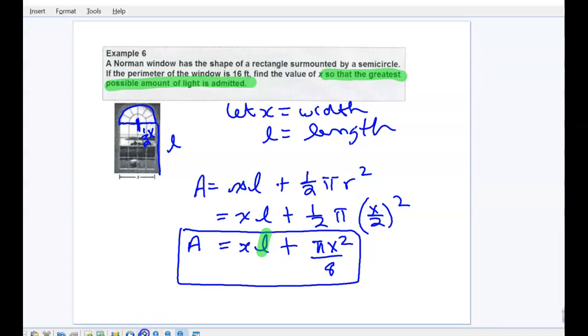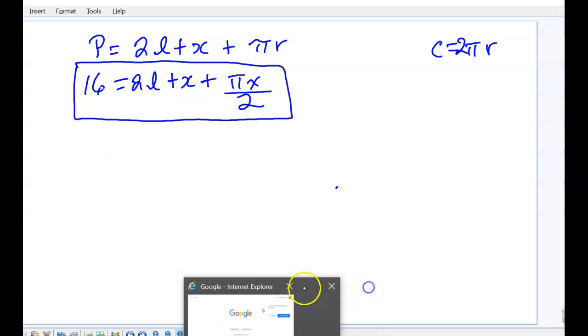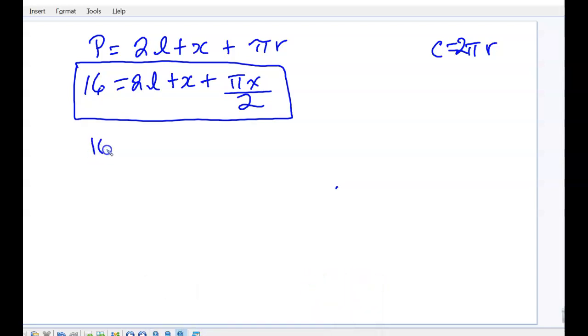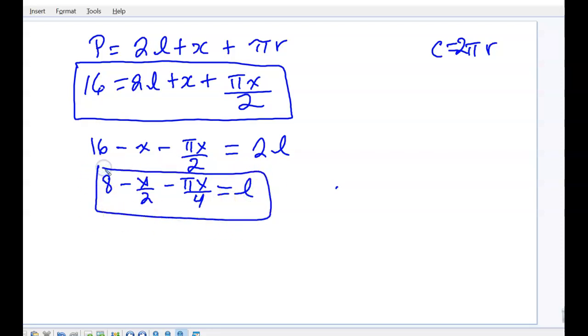So I'm going to have 16 minus x minus pi x over 2, and that's going to equal 2L. If I divide everything by 2, I'm going to get 8 minus x over 2 minus pi x over 4 is equal to L. So that's what L is.